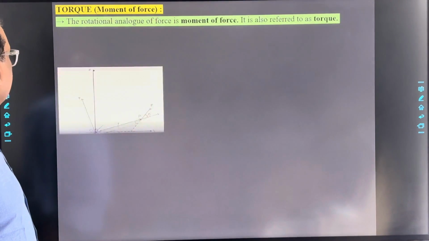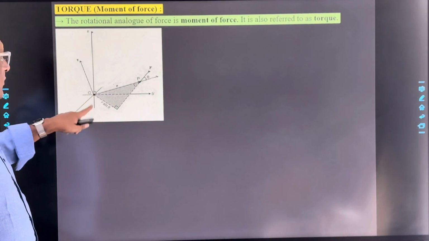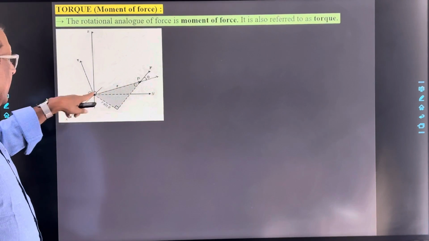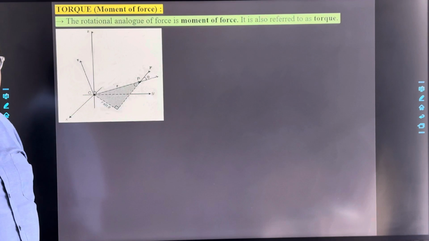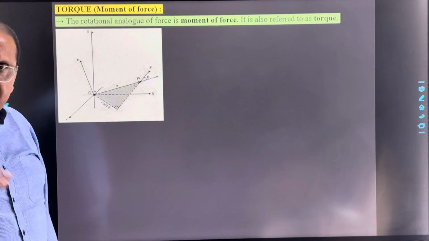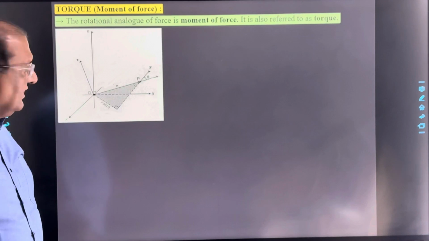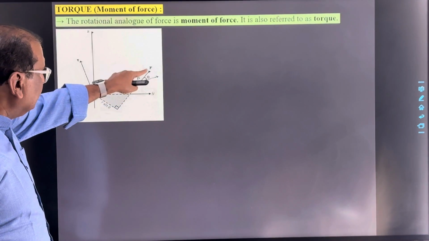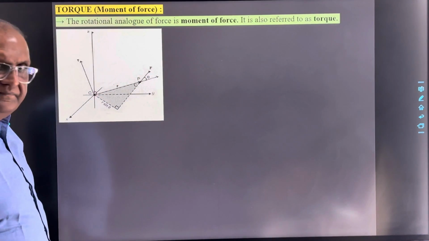Okay. Now suppose as shown in this figure, we have a particle P at position R with respect to the origin of Cartesian coordinate system. And now suppose force is acting on this particular particle in the direction as shown in the figure here.